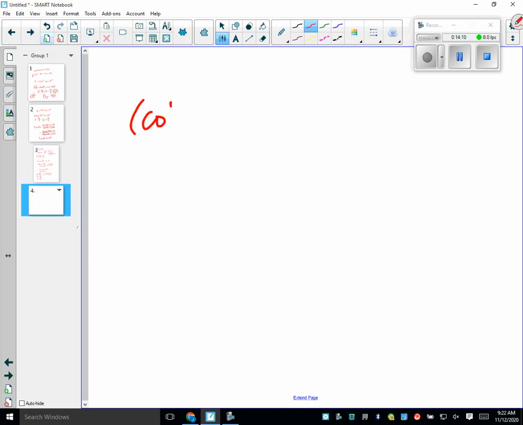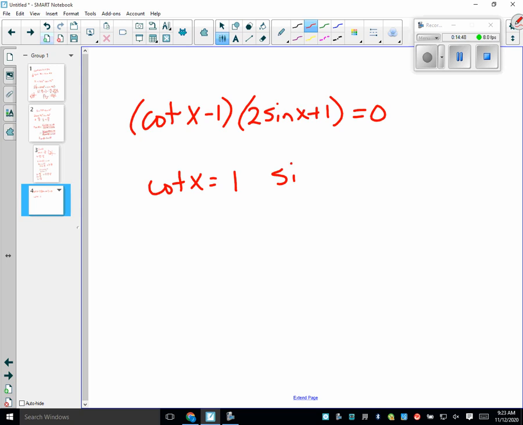What if I have cotangent x minus 1 times 2 sine of x plus 1 equals 0? Since it's already factored, can I just set each factor equal to 0? So does cotangent of x equal 1 and sine of x equal negative 1/2?